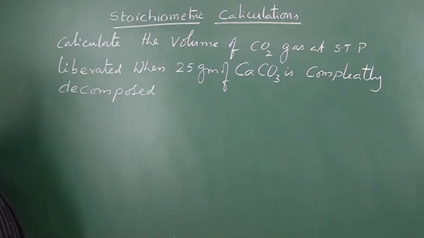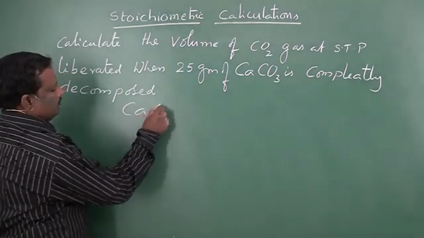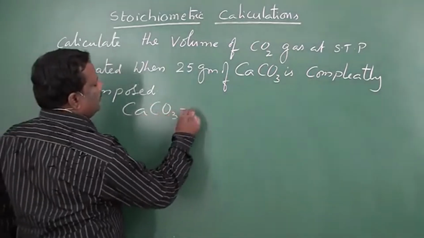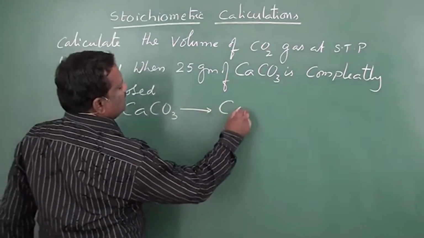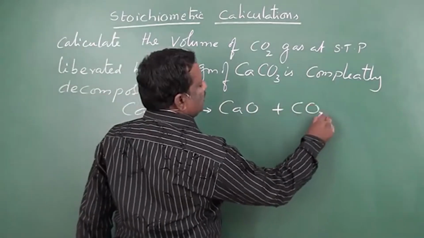So we already know that when calcium carbonate is decomposed, it gives calcium oxide and carbon dioxide. So CaCO3, when decomposed, gives us calcium oxide and carbon dioxide.